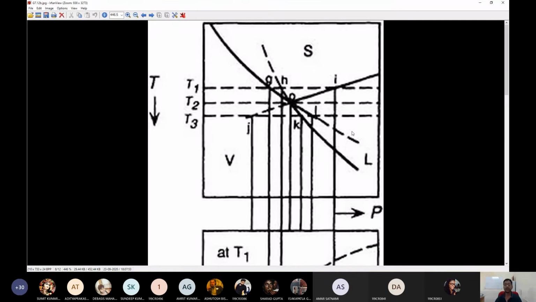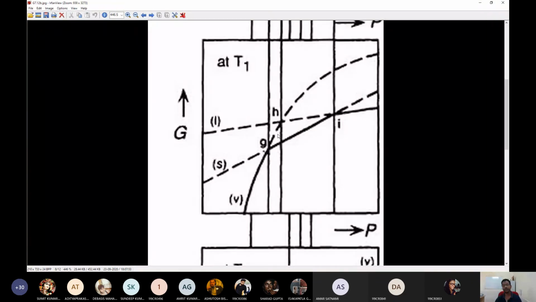That's why this line represents the metastable equilibrium. That's why it has got a second preference in free energy, and that's why it is given here. The second preference in free energy, meaning that the solid state would have the minimum free energy here, and the vapor phase and the liquid phase would have free energy curves crisscrossing each other. That means creating a metastable equilibrium at point H.